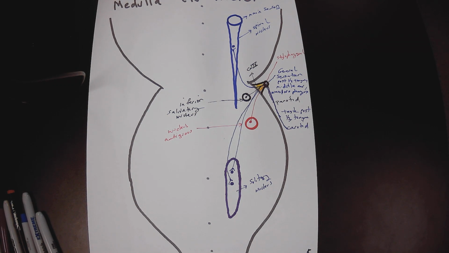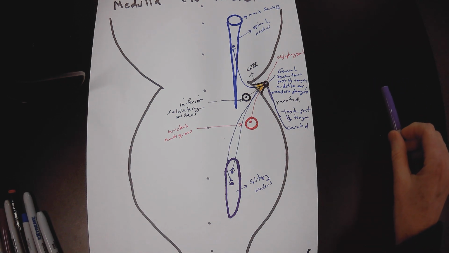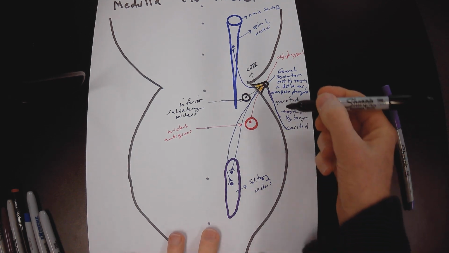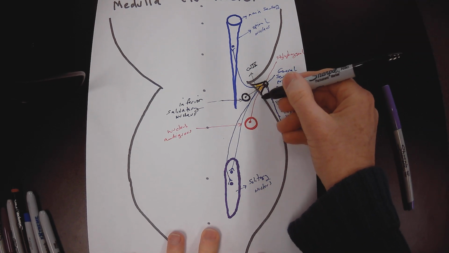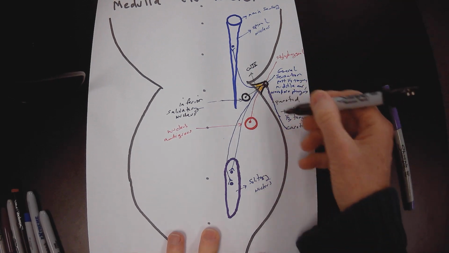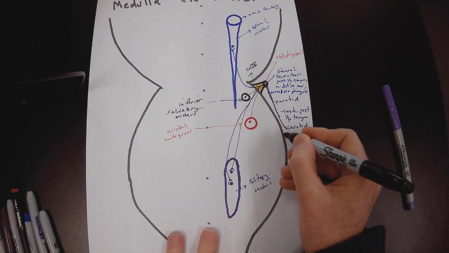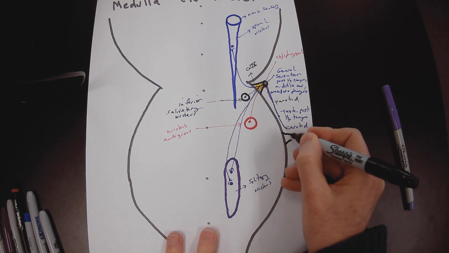Okay, the next one that we have to do is cranial nerve number 10. Moving on down the line, ideally I would want to put cranial nerve number 10 here really close to cranial nerve number 9, but the way that I've done it, I haven't given myself enough space to do that, so I'm just going to go ahead and put the emergence of cranial nerve number 10 here. It's pretty close.